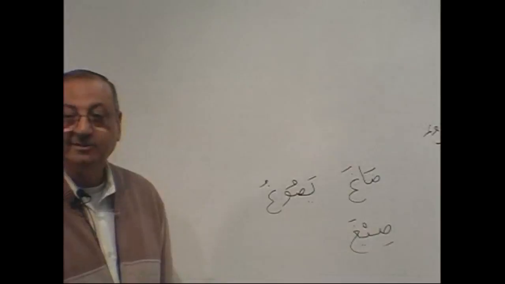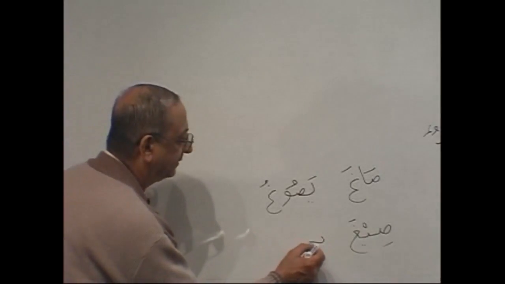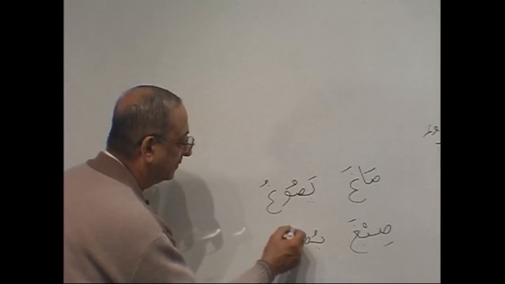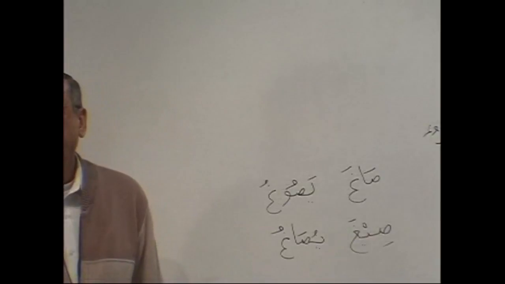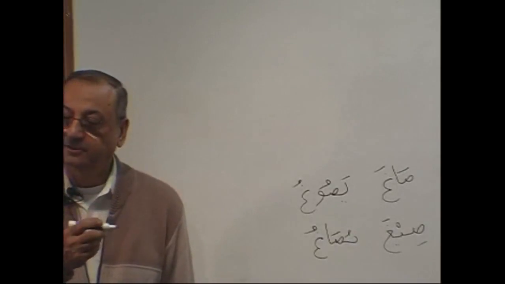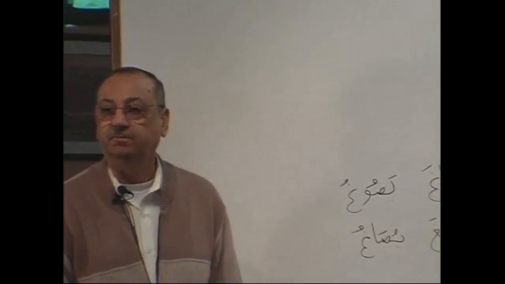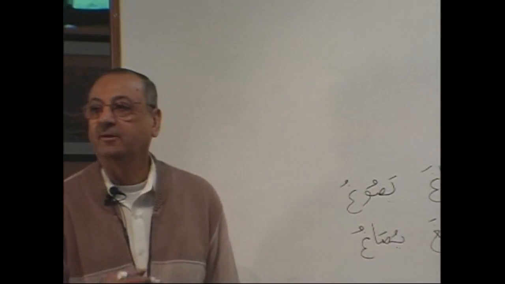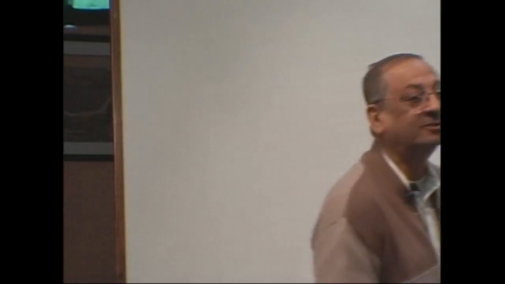Qala, qila. Saga, siga. What will be the mudari' here? Qala, yakulu, qila, yukalu. Remember? Yukalu. So yusagu. Now, yusagu is huwa. Huma will become yusagani. So that is what it is. It is formed.